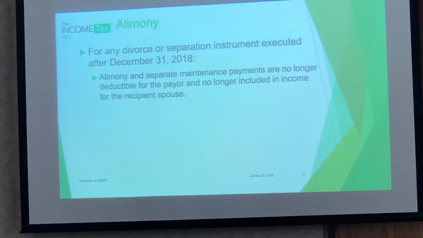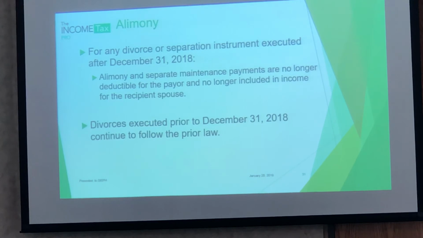Here's one of them that you may not like if you're planning to get divorced. The way it's always been is if you got divorced, and you're the one paying alimony to your divorced spouse, the money you pay can be taken off as an adjustment to income. Remember, the adjustments come before adjusted gross income.